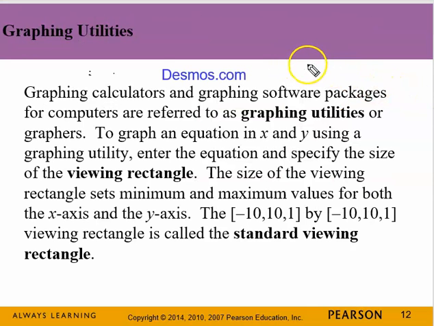If you are fortunate to have a graphing calculator, then this would be something of interest where you set up the graphing utilities, go into the systems of your calculator and view the parameters for your viewing rectangle.